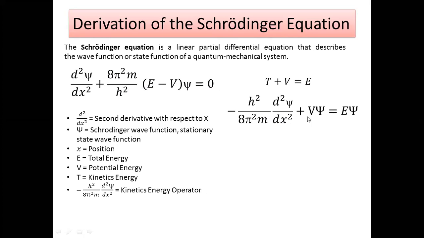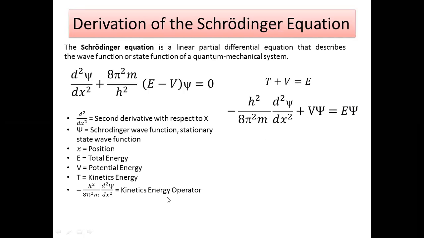And here this whole factor is called the kinetic energy operator, and this is the total kinetic energy. So this total energy describes the wave function, potential energy describes the wave function, and this factor is the total kinetic energy, or we call it the kinetic energy operator.